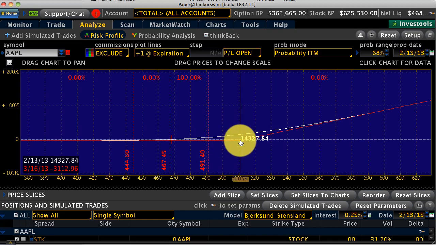So on the day of expiry, if Apple is below 510, you're going to see the maximum loss on this position. And then beyond 510, Apple will need to move up by an amount equal to the premium that you paid, in which case, in our case, it's $3.85. So our break even is at 513, almost 514.